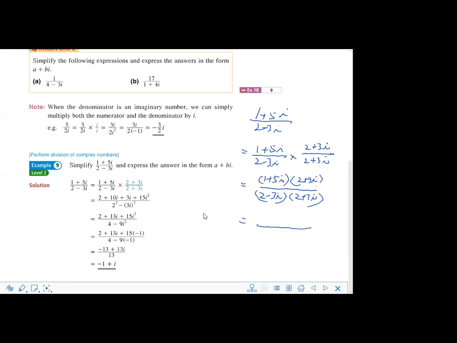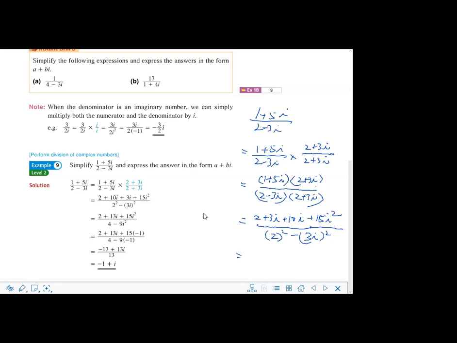You need to do the 4-term multiplications, right? Multiply one by one: 1 times 2 is 2, 1 times 3i is 3i, 5i times 2 is 10i, 5i times 3i is 15i squared. Okay, and then the lower part is a squared minus b squared. And you need to simplify the upper part.